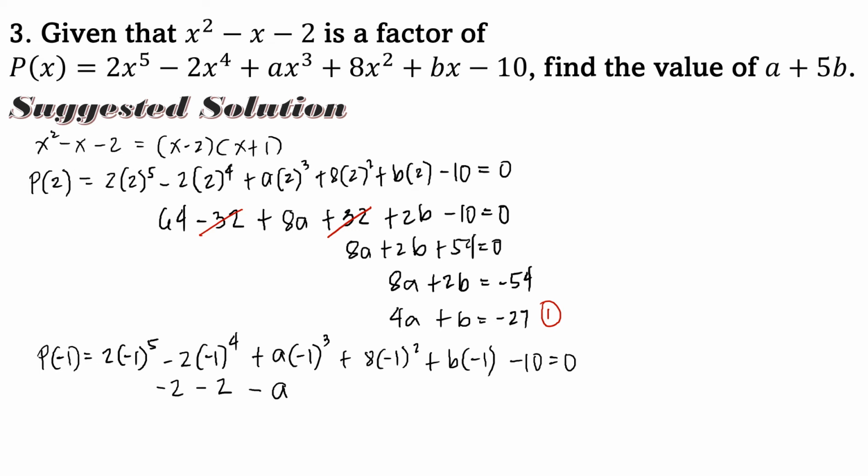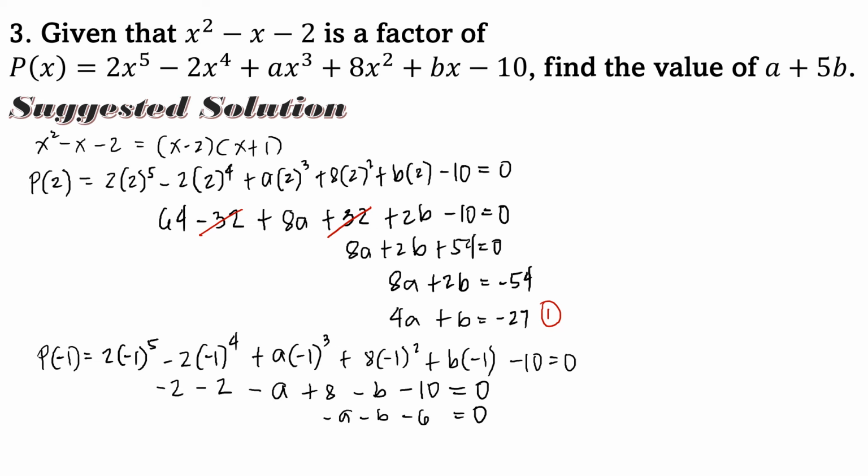Negative 1 squared times 8 is positive 8. b times negative 1 is negative b, and then minus 10 equals 0. Negative 2 minus 2 is negative 4, plus 8, positive 4, minus 10, negative 6. Meron tayong naiwan na negative a minus b minus 6 equals 0.